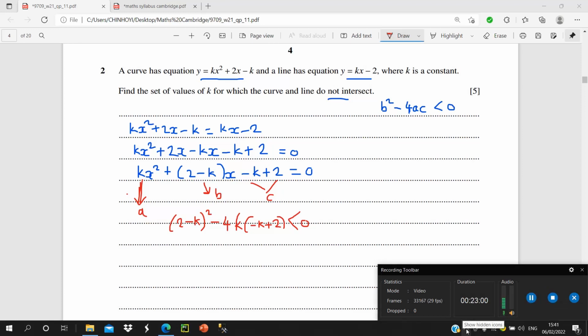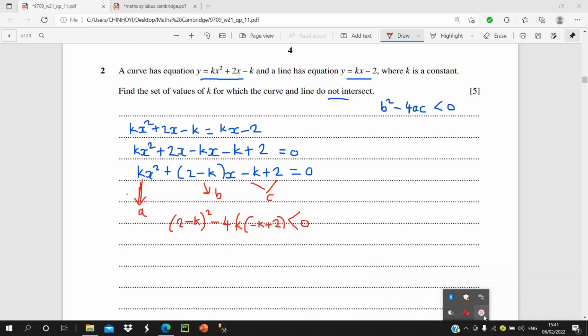Right, I hope you have managed to simplify this. For us to solve this quadratic inequality, we need to find the critical values. So we'll be solving this part equals to 0.